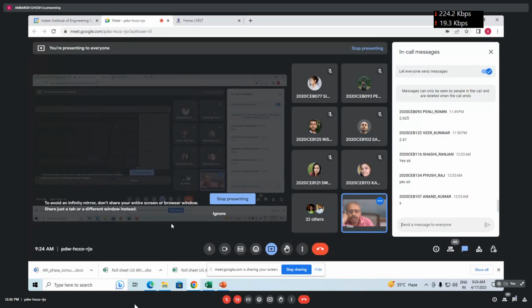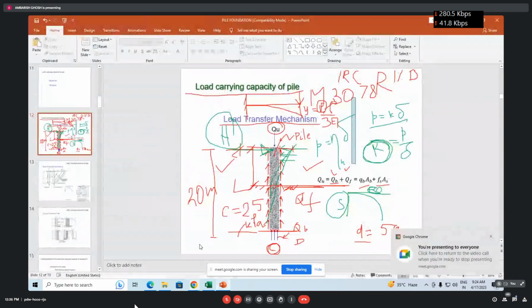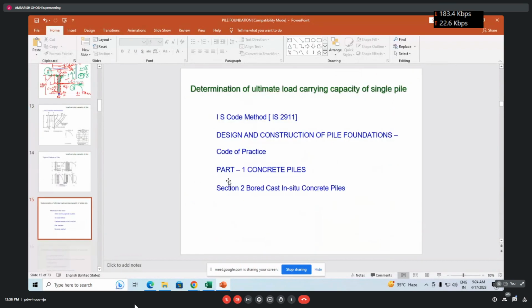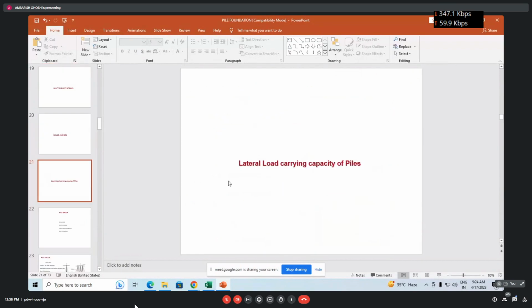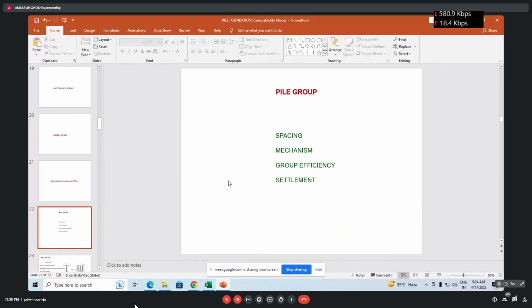Okay, so load carrying capacity of pile, you are now confident? Yes or no? Vertical, uplift, lateral, everything you can do. Now let us go to the pile group.